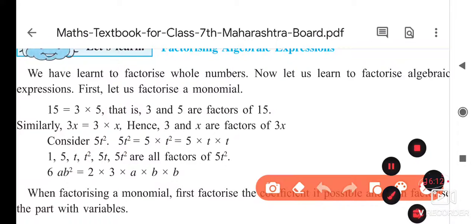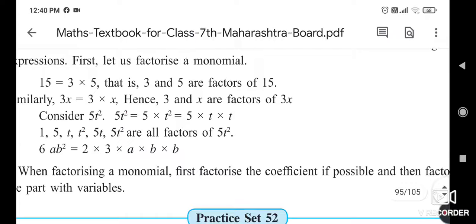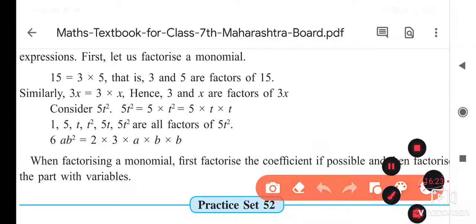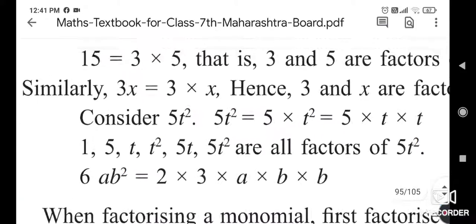We have learned to factorize whole numbers. Let us learn to factorize algebraic expressions. First, factorize the monomial. Monomial means it has only one term. So 15 is a monomial because it is one term. 15 means 3 fives are 15, so 3 and 5 are the factors of 15. If 3x is there, 3x means 3 into x.